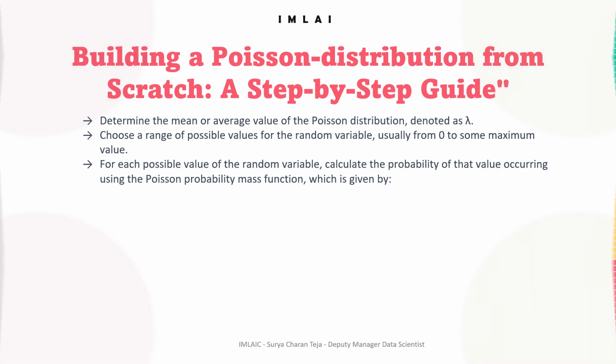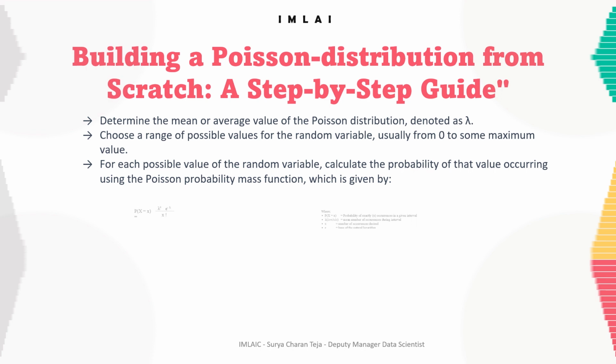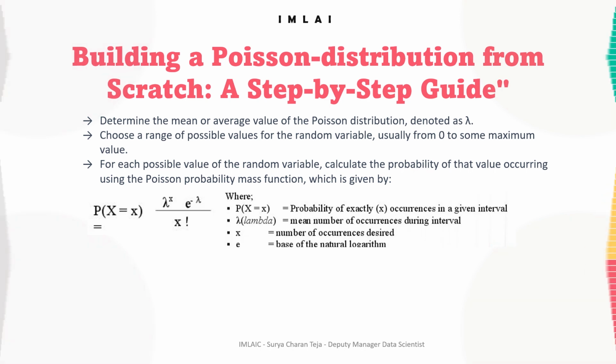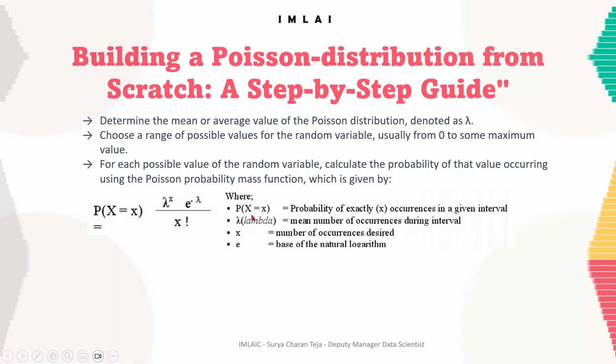Poisson probability mass function, which is given by P of capital X equals small x is equal to lambda power x multiplied by e power minus lambda divided by x factorial. Here P of x is P of capital X equals small x, the probability of exactly x occurrences in a given interval.